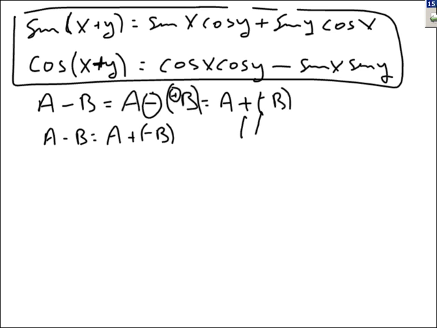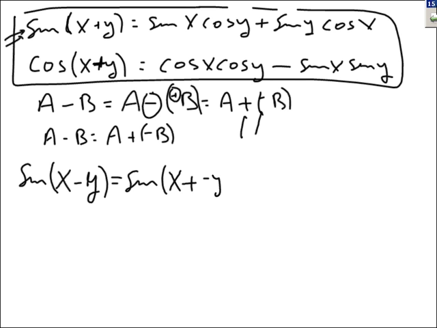And if you were given the sine of x minus y, you can use this first rule if it were a plus. So then this becomes the sine of x plus a negative y. So the two angles are x and negative y. I'm using the right-hand side now.